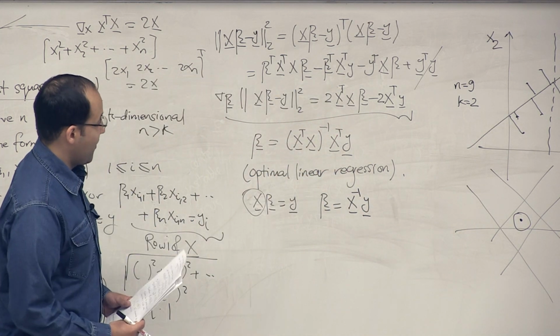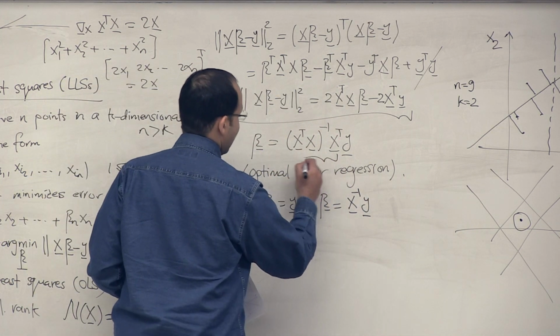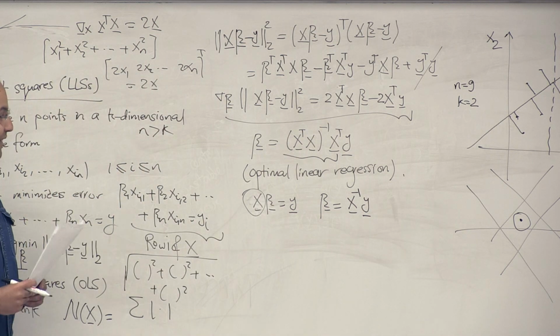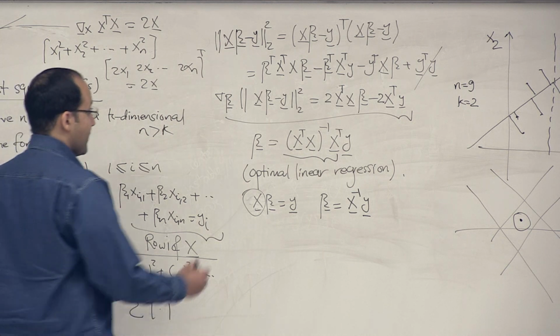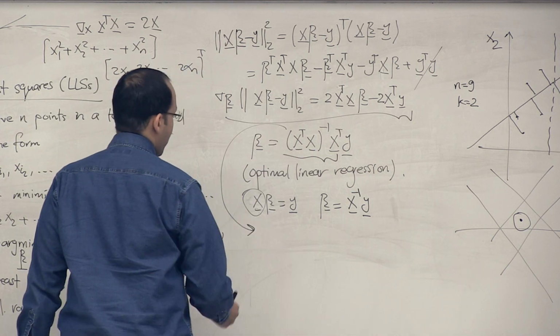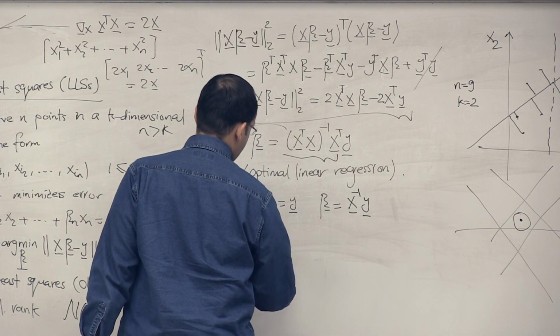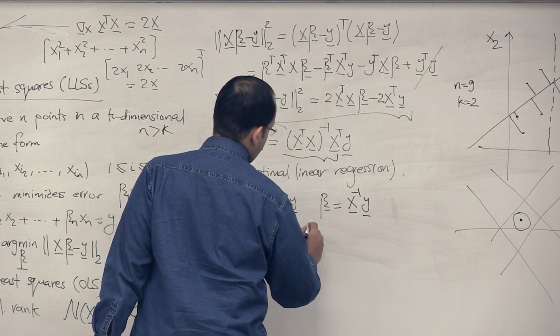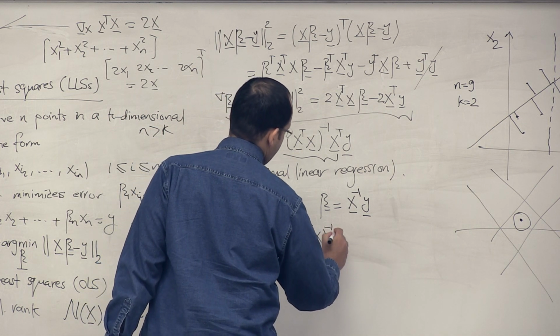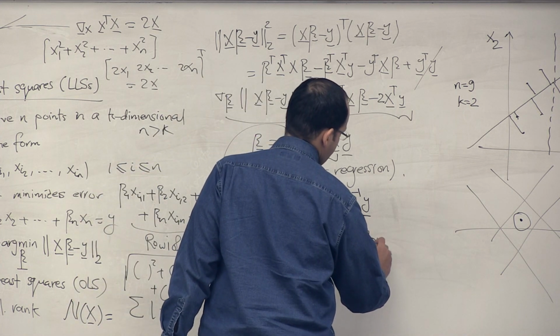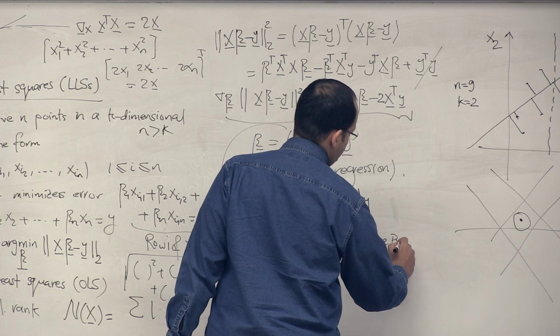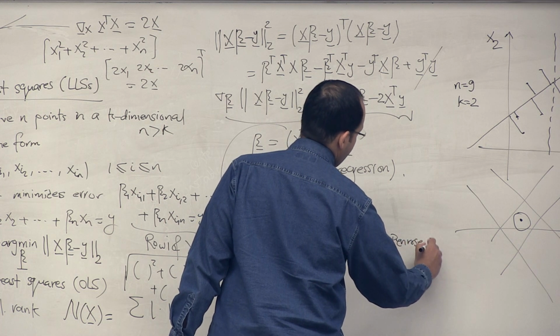Oh, this is something that could intuitively look like something inverse, right? Actually, this thing, which is also very important, is called x plus equals x transpose x inverse x transpose, and it is called the Moore-Penrose pseudo-inverse.